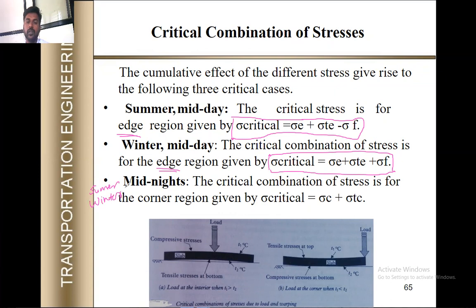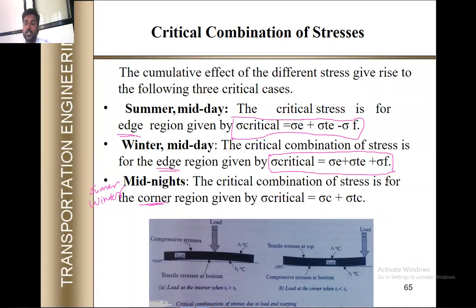In the summer as well as in the winter at midnight, the critical combination of stresses is at the corner. Please keep in mind, for day it is at the edge, and for winter as well as summer in the night it is at the corner.